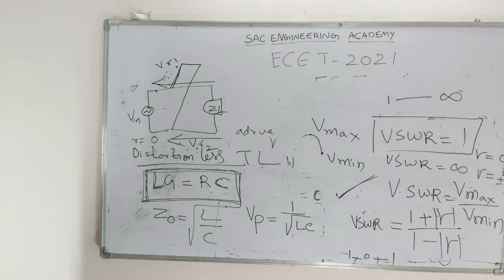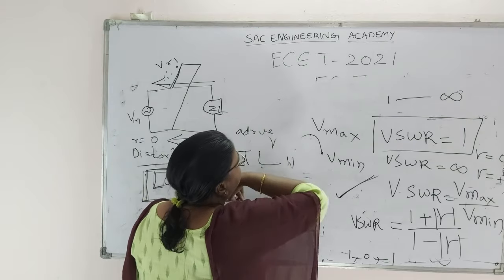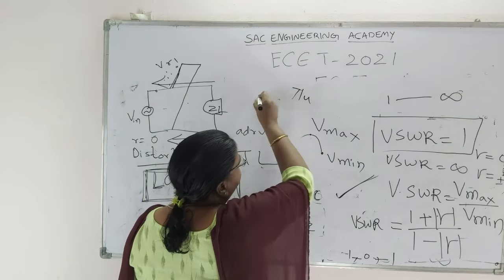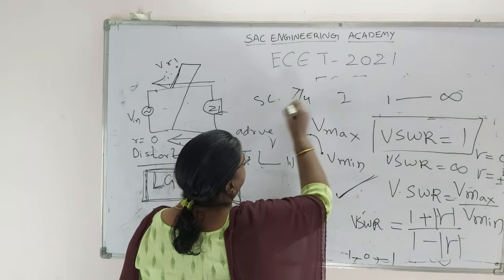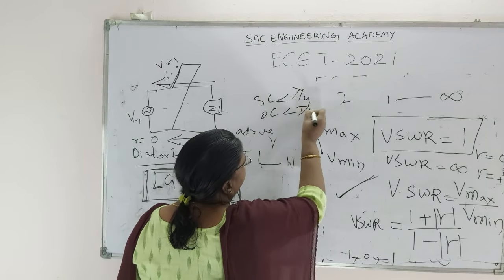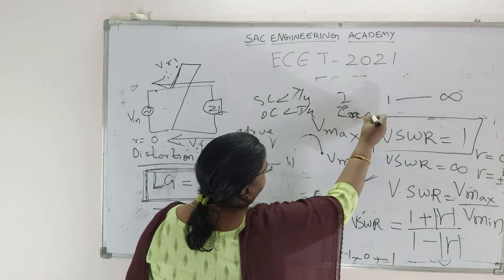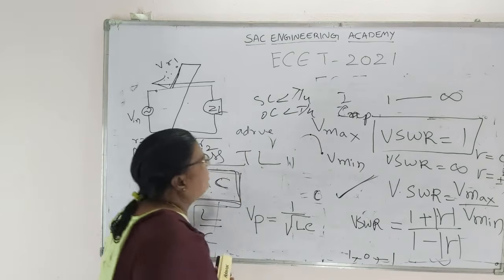A short circuited quarter wave acts as a resistive transmission line. A short circuit of less than a quarter wave acts as an inductor. An open circuit of less than a quarter wave acts as a capacitor.